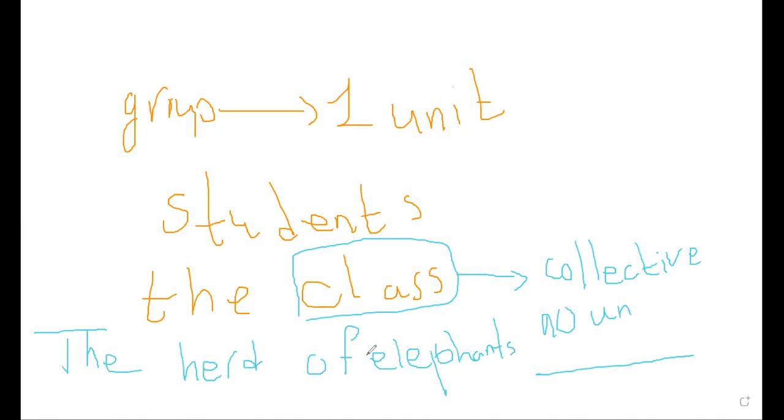The herd of elephants. Well, what is the collective noun, girls? Herd, that's right. Because when I say herd of elephants, I have more than one elephant together as a group, we call them herd. So this is a collective noun. Clear?